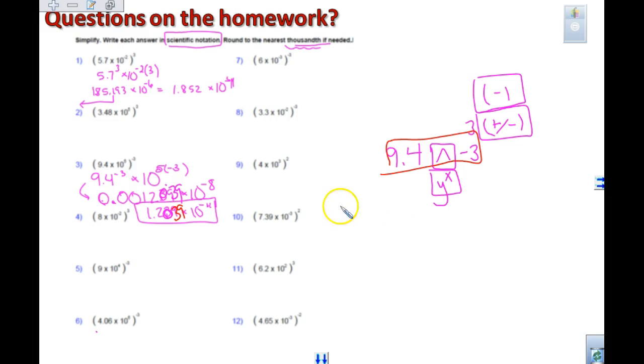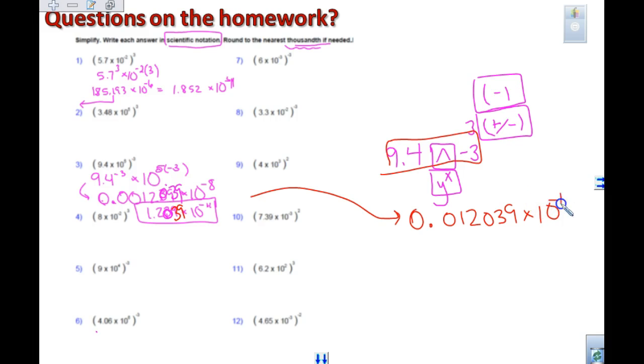So when I was looking at number 3, we had 0.012039 times 10, and we were taking 5 times negative 3, right? Is that what it was? 5 times negative 3. So when we have a power to a power, we are multiplying.